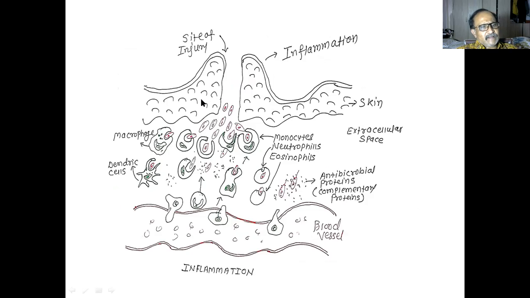Okay, then during this process of inflammation, first what happens after the injury?